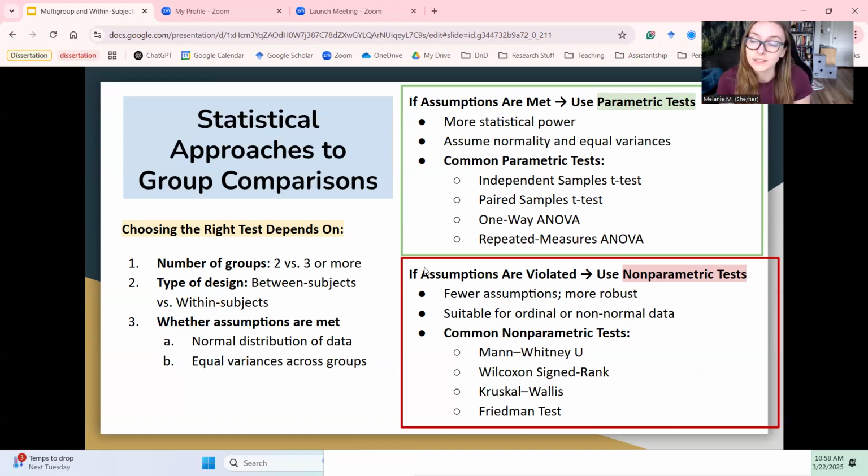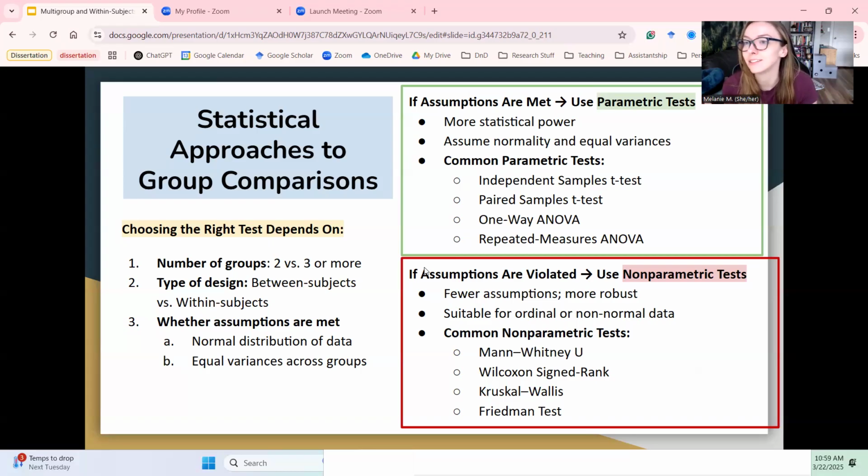We also have a set of non-parametric tests, which is when those assumptions of normality are not met or not met adequately. So you're not totally out of luck if your data isn't normally distributed. It just means you have to use non-parametric statistical testing, which has fewer normality assumptions so that you can have more robust conclusions, but it's not always suitable for all types of data.